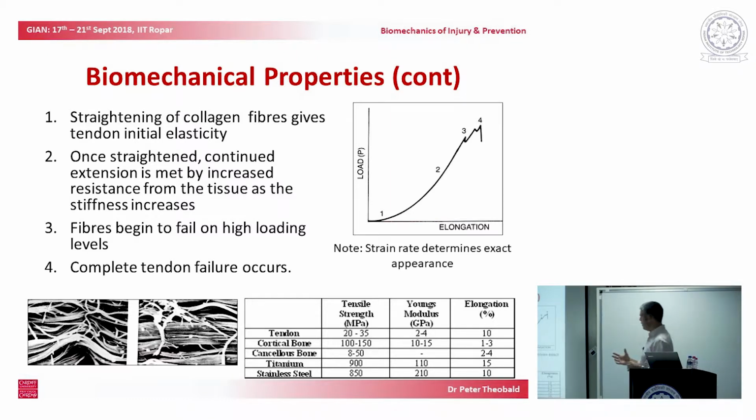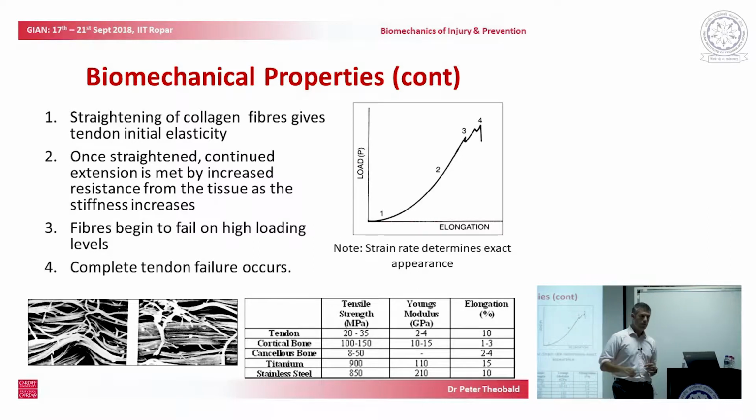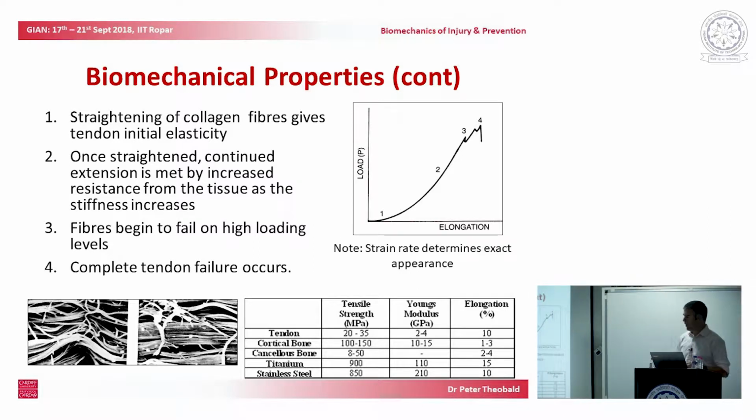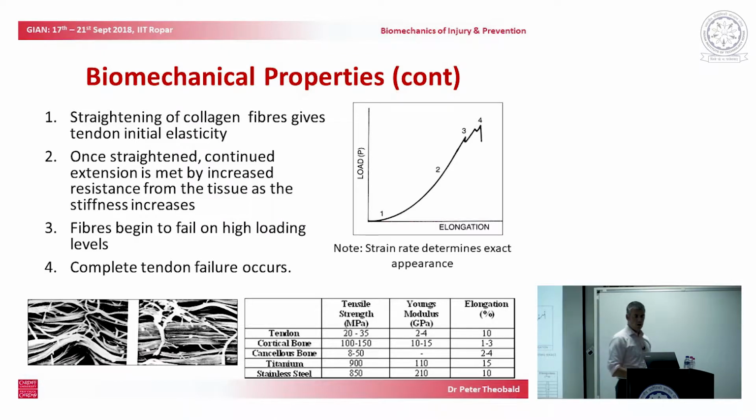In terms of strength, you can do all kinds of activity with a tendon before it fails. You can climb and jump and run, and then it, for some reason, is the most innocuous of all activities that typically cause the tendon to rupture.